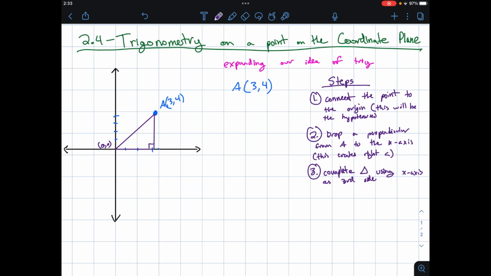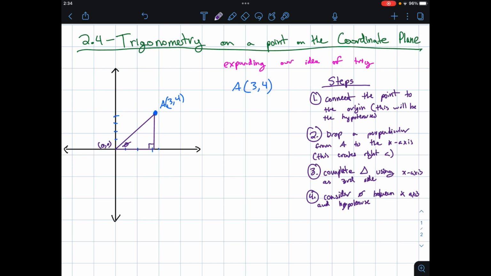And then the angle that we're going to be interested in is going to be theta. The angle is formed between the x-axis and the hypotenuse. So consider theta between the x-axis and hypotenuse.